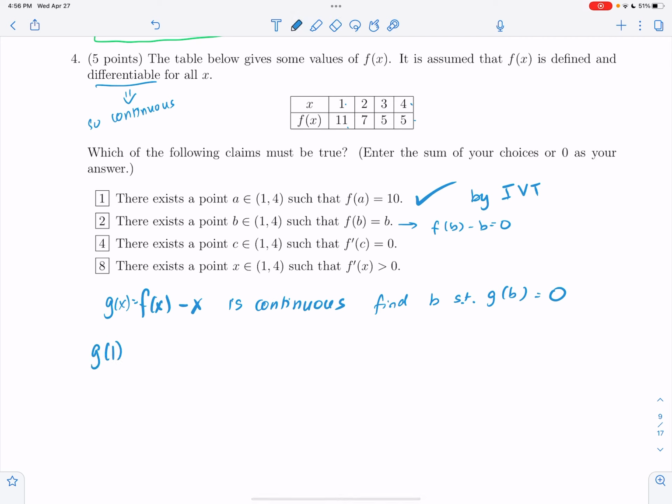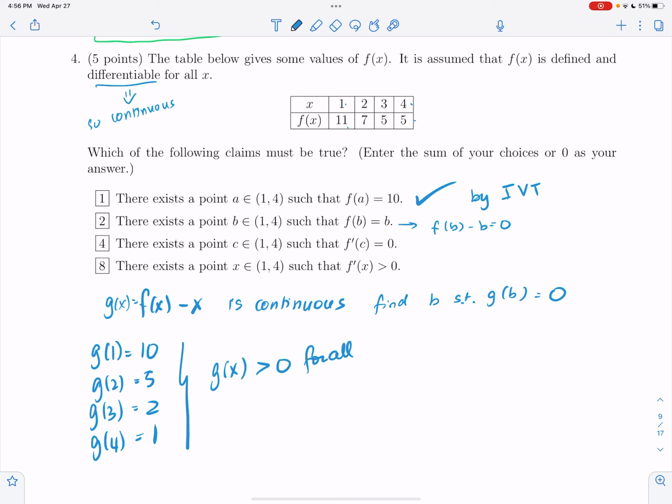So you have g of 1 is 10, g of 2 is 5, g of 3 is 2, and g of 4 is 1. All of these g of x are bigger than 0 for all x that we know of. We don't know if in between for any values it went under. This is all that we know.